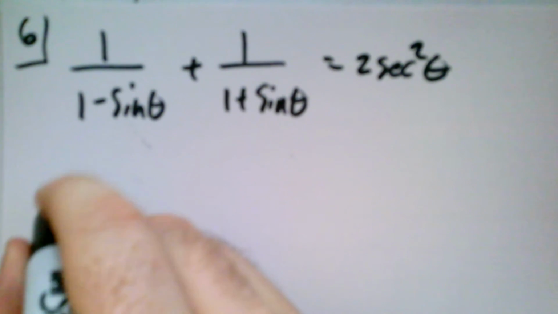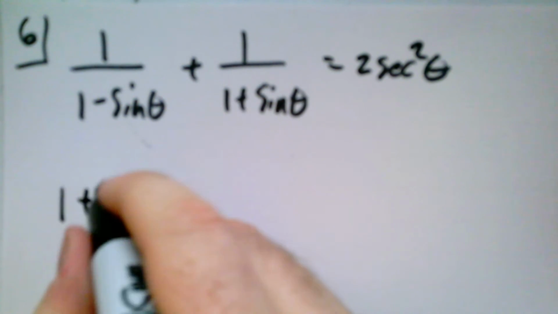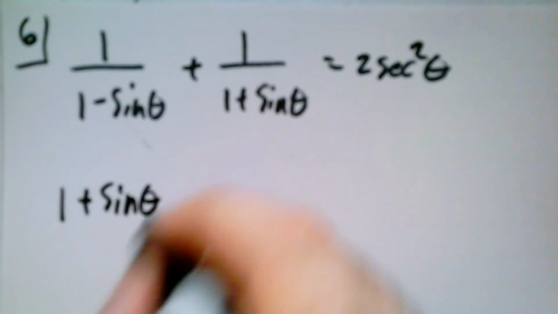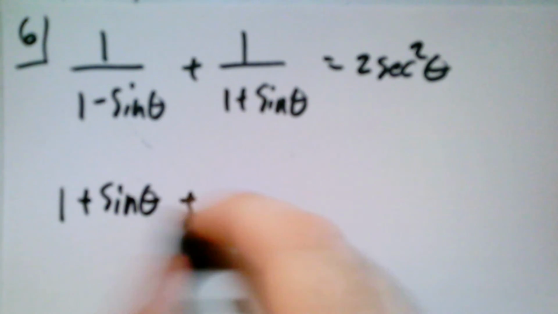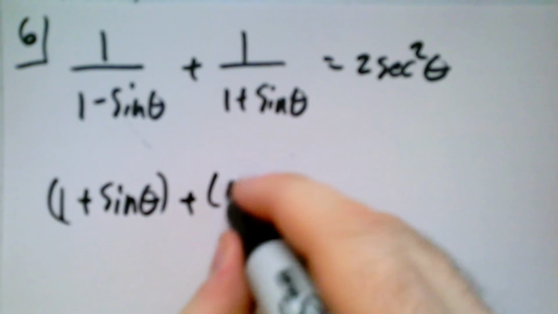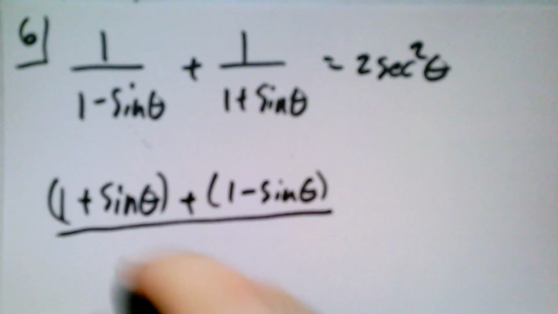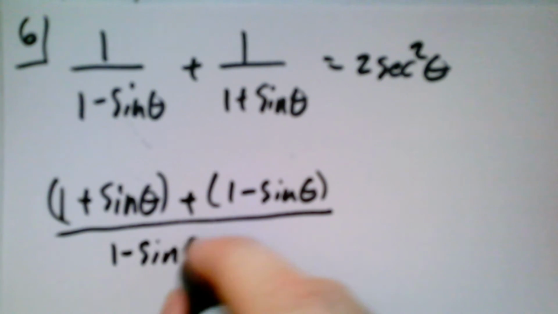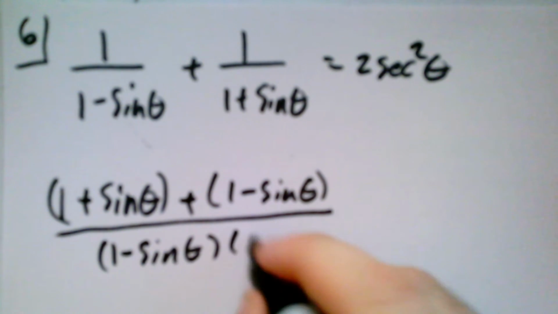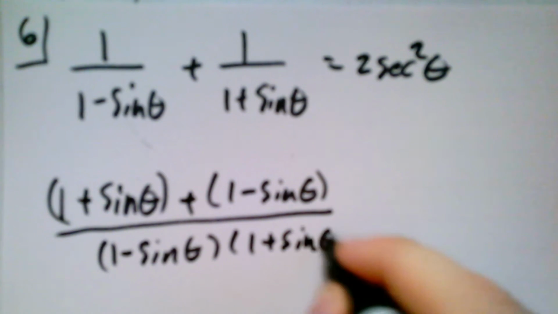So doing that, I get 1 plus sine theta plus 1 minus sine theta over 1 minus sine theta times 1 plus sine theta.